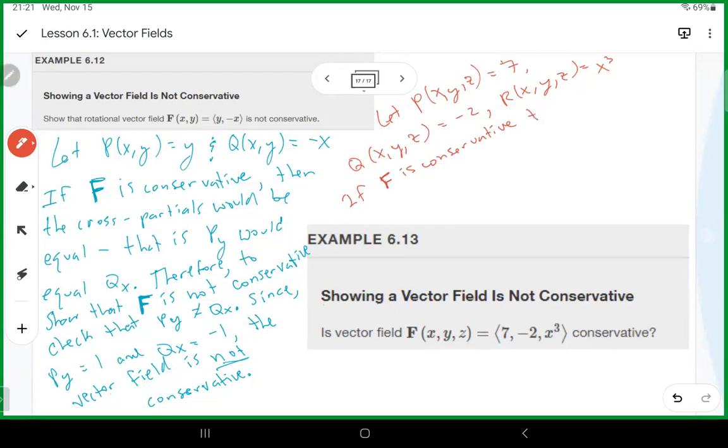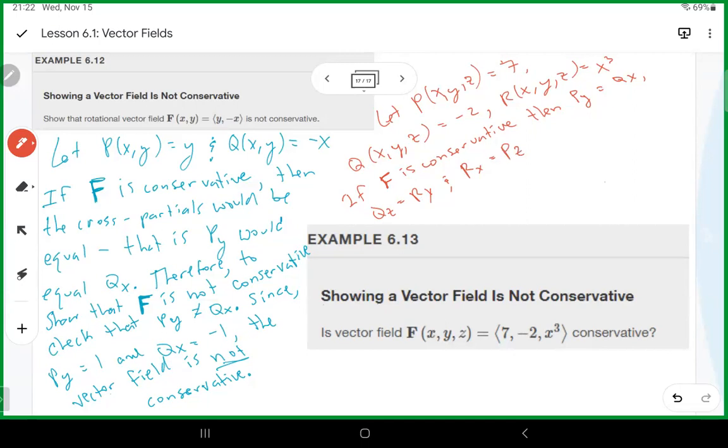We would need P sub y equal to Q sub x, Q sub z would have to equal R sub y, and R sub x would have to equal P sub z.